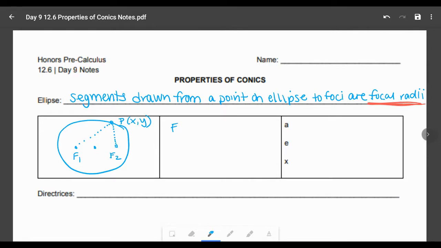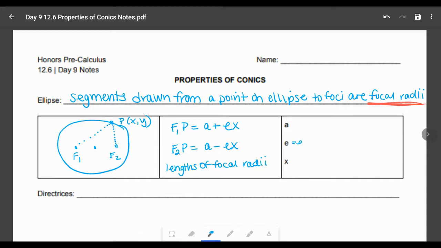The length of that line segment from focal point number 1 to P is represented by the quantity A plus EX, and the length of the line segment from focal point 2 to the point P is A minus EX. These are the lengths of the focal radii. So the A and the E are things that we have dealt with before.